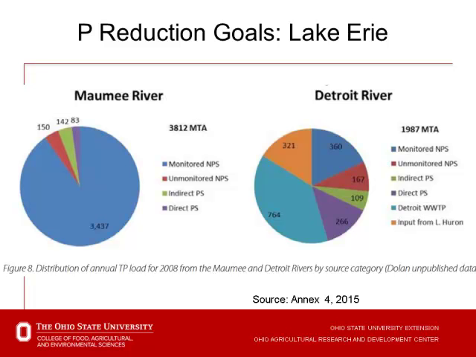Just by the pie graph, you can see dramatically different sources from those two watersheds. The blue value is what's called monitored non-point sources. In other words, that's some of the river monitoring going on to try to understand the watershed level.